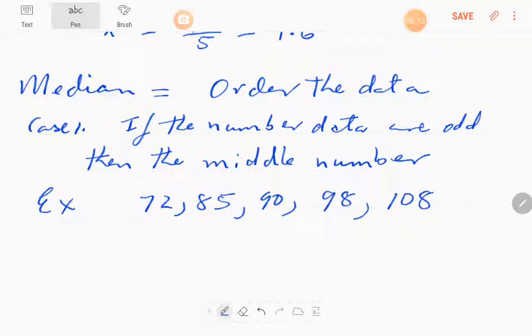And so the median would just be the middle number, right? Whenever we have an odd number, we just find the middle number. In this, we have 5 data entries, so the third value would be our median.